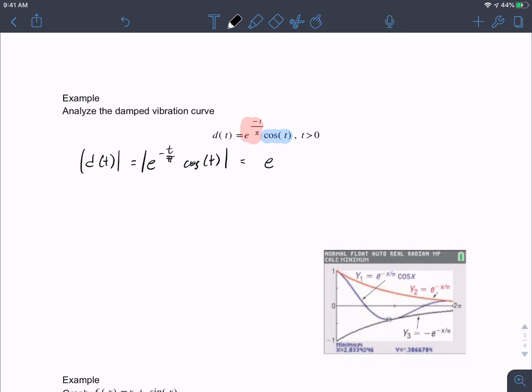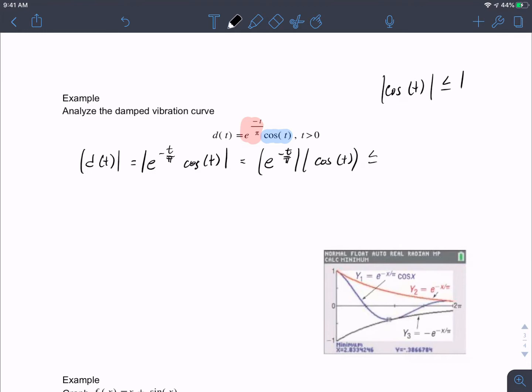And then we're going to be able to break that up into two functions that are multiplied. And then what we need to realize is that the biggest value the absolute value of cosine of t can be is 1. It's going to fall between 1 and negative 1.